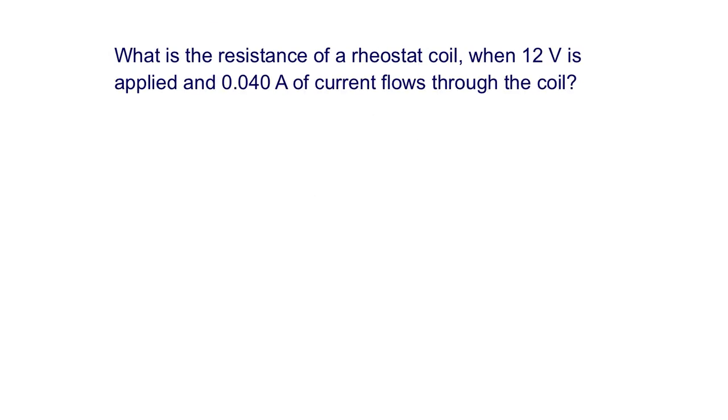Okay, another easy one. What is the resistance of a coiled wire when 12 volts is the voltage across the rheostat coil, and the current is 0.04 amps? So V equals IR.